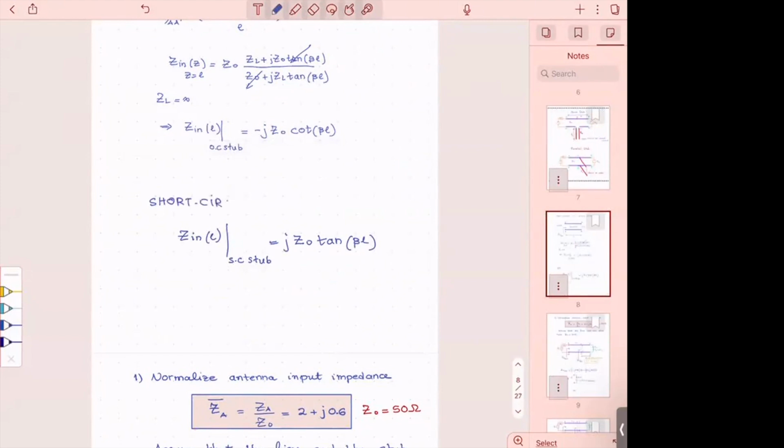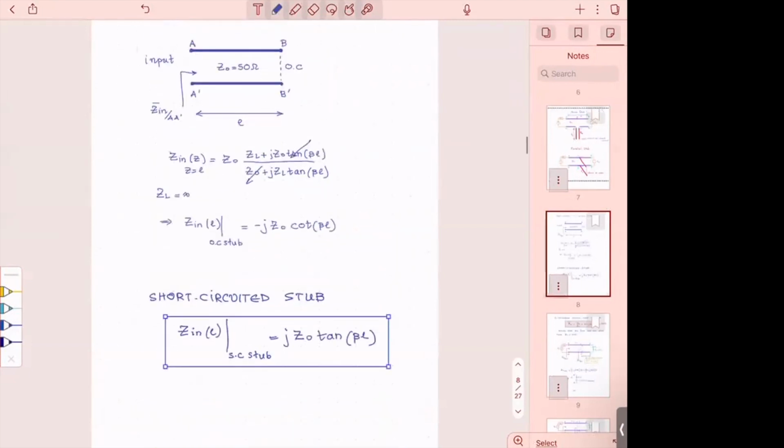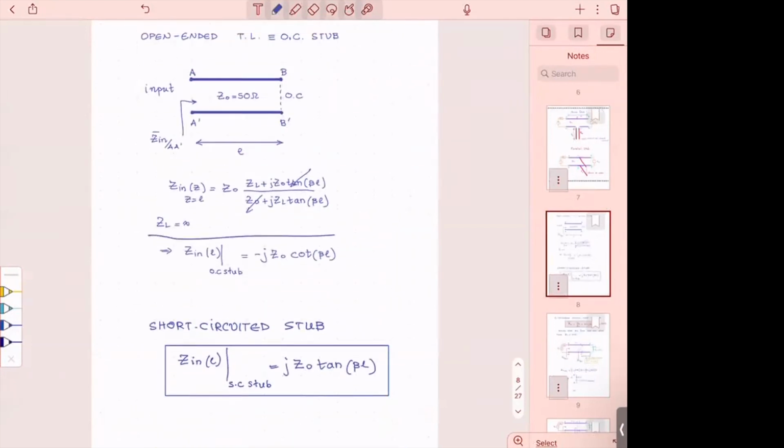Short-circuited stub. So it's this one. And the open is here.